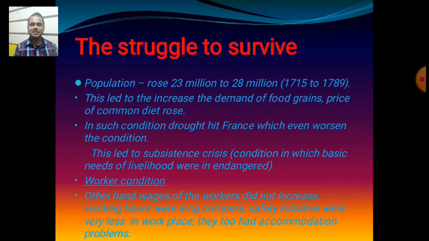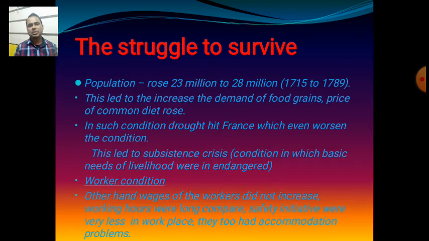Today, the meaning or concept has changed. Today, so many other things come under basic needs. But if you study the basic needs of the people in that period, these three are the most important aspects. Now see, as the production was less, the prices of all the food items in the market started growing higher.